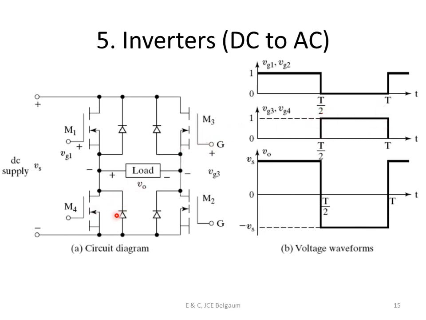So these two become on, and at that time this will be 0, so automatically these two will become off. So I'll be getting positive and I'll be getting negative. What is input? DC. But what is output? I'm getting an AC which is alternating and has a frequency of period T.